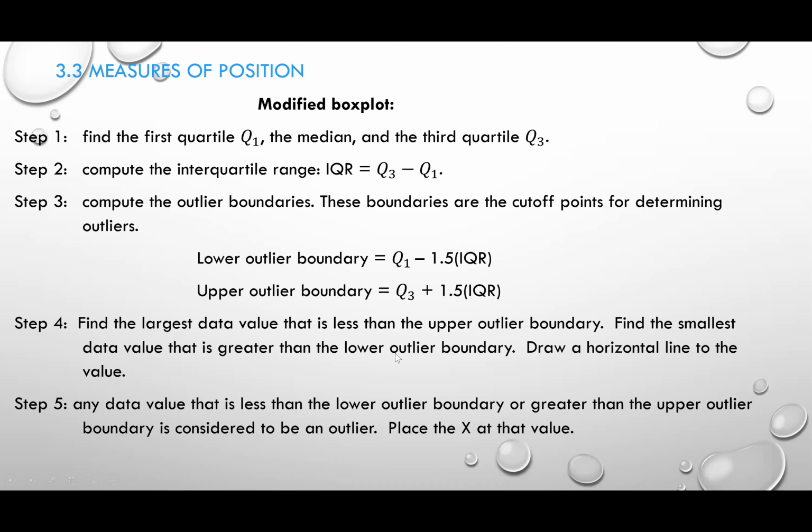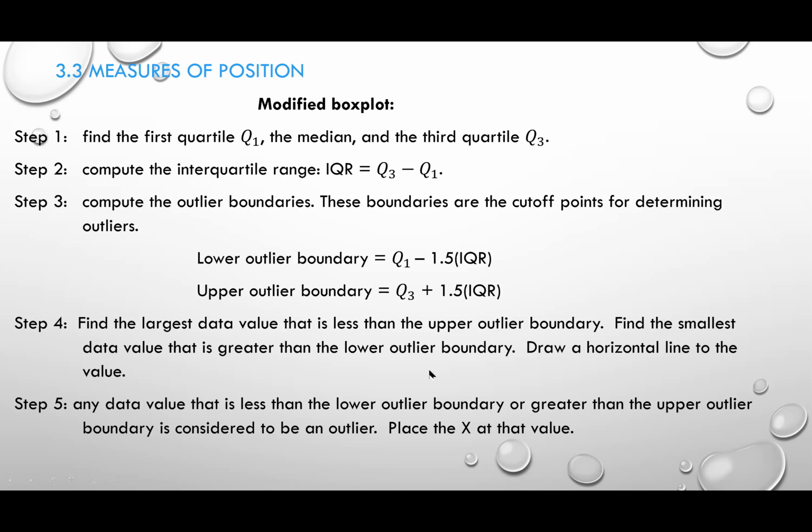If you read this here, it's a little bit confusing: find the largest data value that is less than the upper boundary and find the smallest value that is greater than the lower boundary. It's basically find the maximum value that is within your boundary. And the other one is replace with an X any outlier that is not inside my limitation.